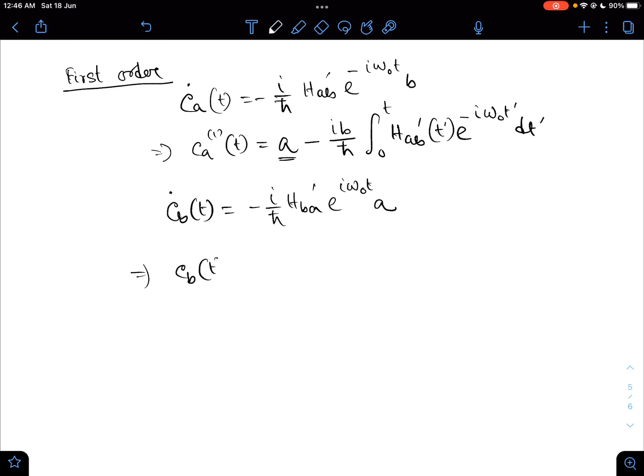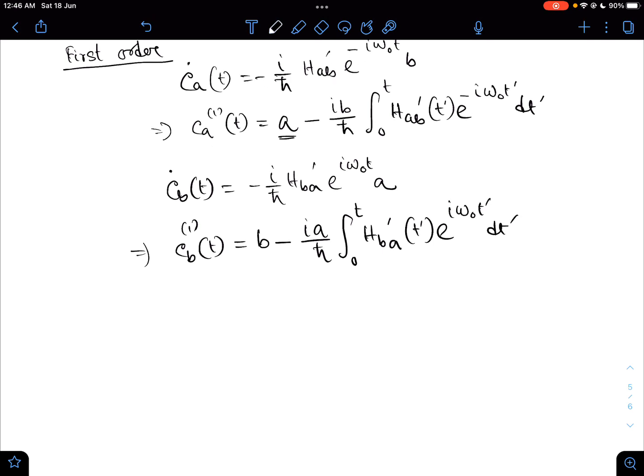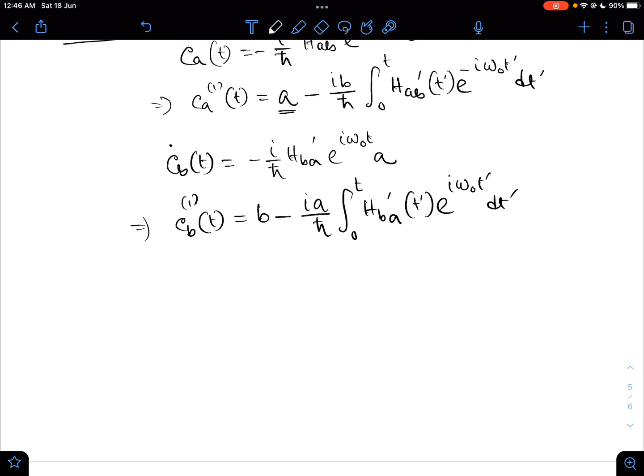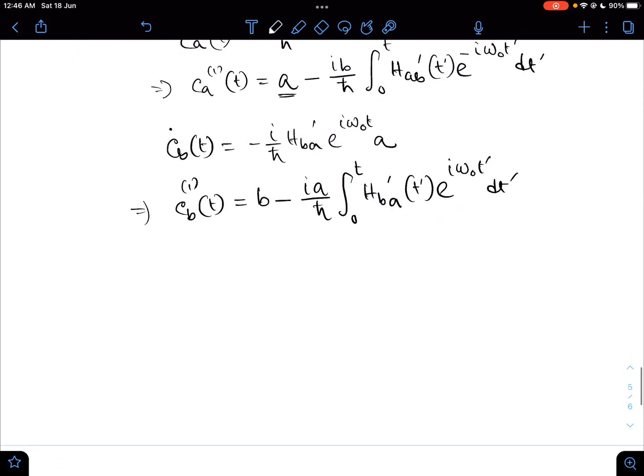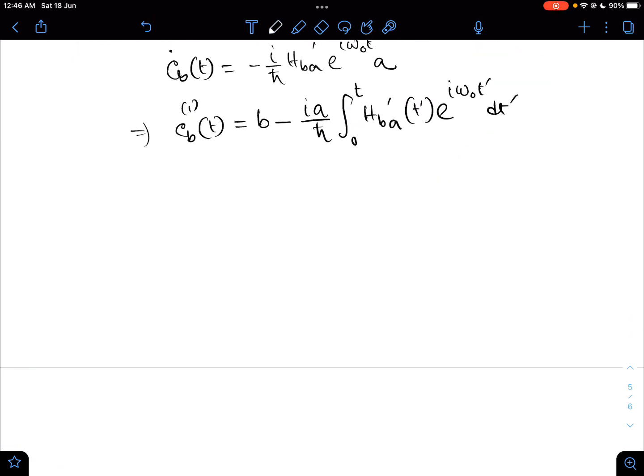CB(t) in first order will be B minus i A by h cut integral 0 to t HBA prime(t prime) e to the power i omega 0 t prime dt prime. So we have found our CA(t) and CB(t) in first order, and we just have to insert these to find our second order.